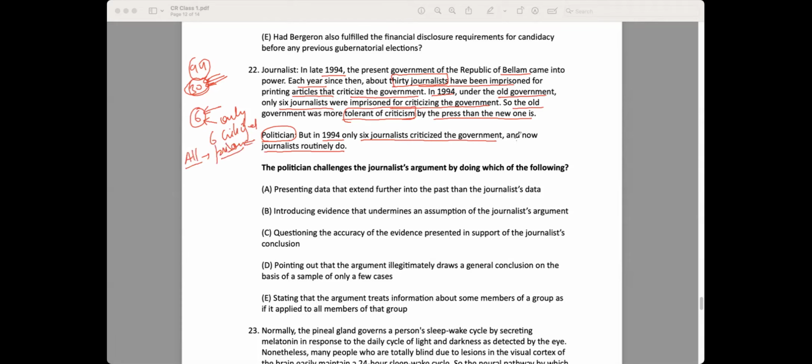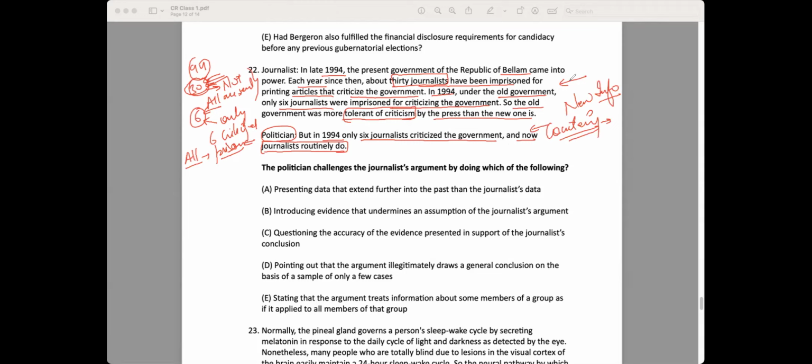And now journalists routinely do. That means right now, not all are sent to prison. So the politician is countering the journalist's argument by putting in new information, which is not there in the argument made by the journalist.